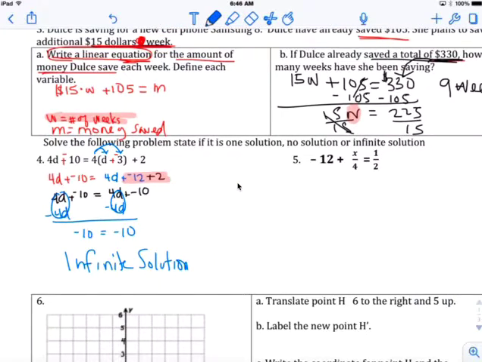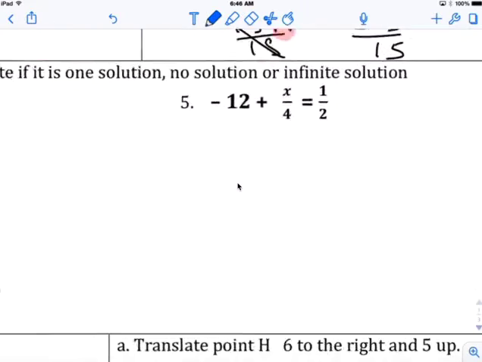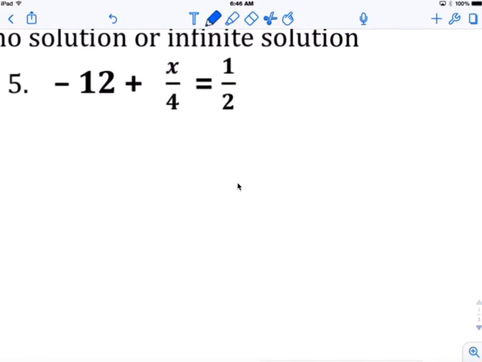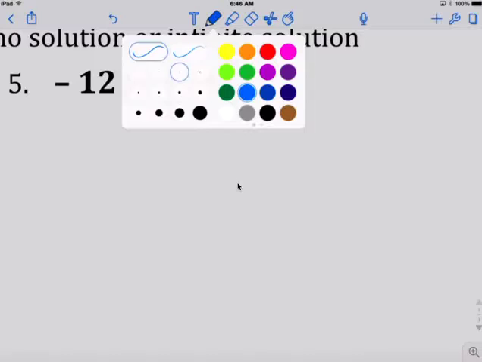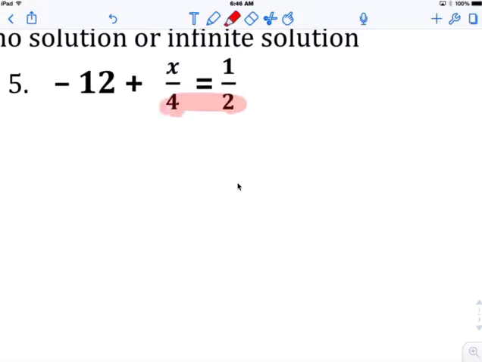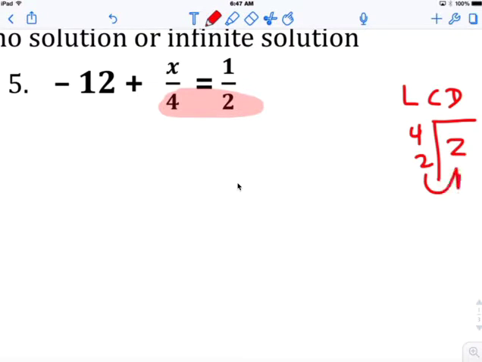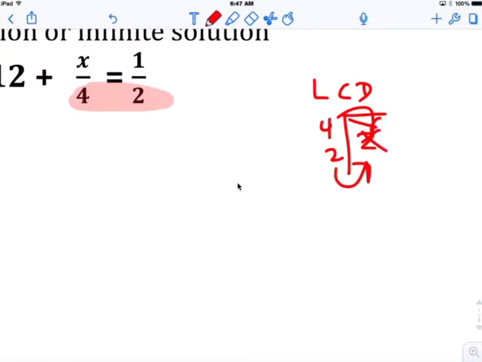Number 5. You have to find the least common denominator. That means you take these two and find the common denominator. 4 and 2: 2 can go into 2, but 4 cannot, so you can't use 2. You can use 4 because 2 can go into 4 and 4 can go into 4.